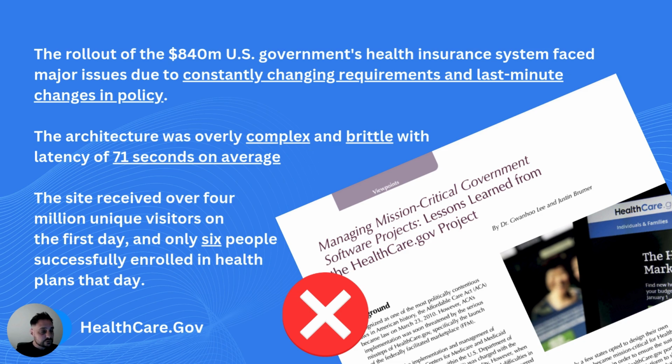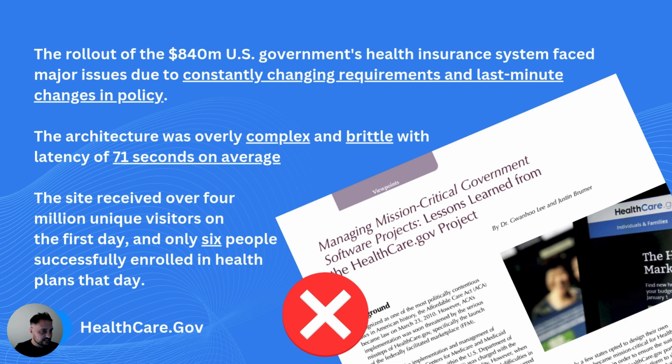If we look at an extreme version of what can go wrong when you don't build evolutionary architecture, we could look at this case back in 2013 of the US government's healthcare website. This rollout cost 840 million US dollars, and it was built by many different contractors. So this was a very complex and brittle architecture that could not cope with the constantly changing requirements and last-minute changes in policy.